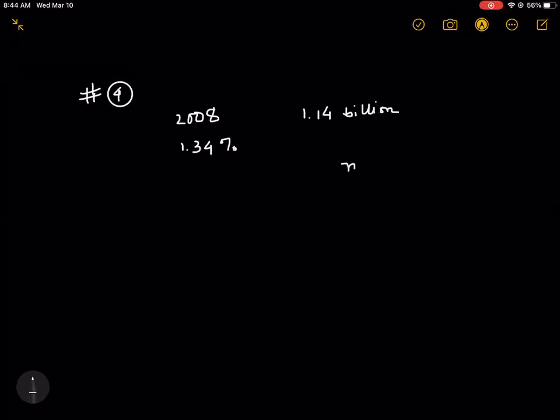All right. So in 2008, 1.14 billion, and it's growing by 1.34% each year. And it wants us to find when will India's population, that means we are looking for n. Can you see that?